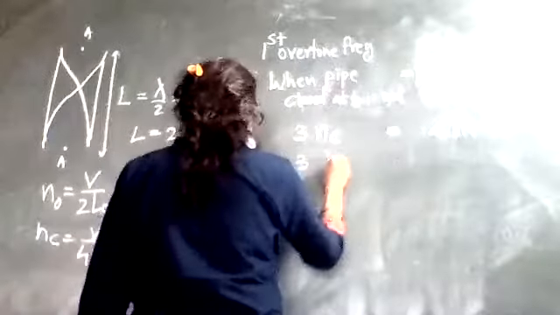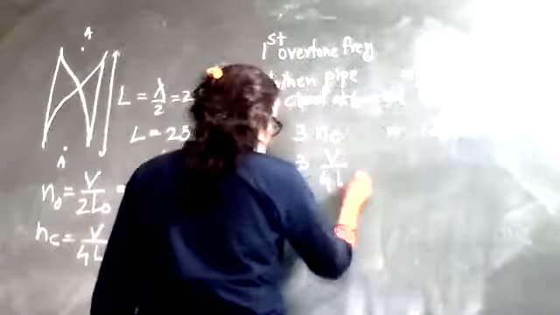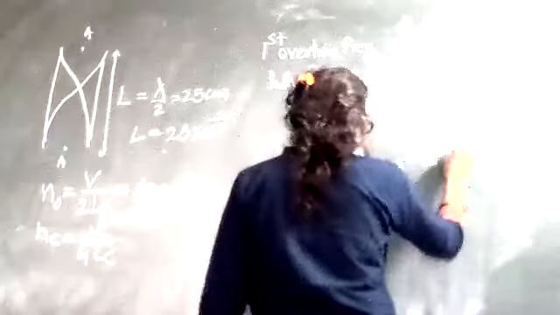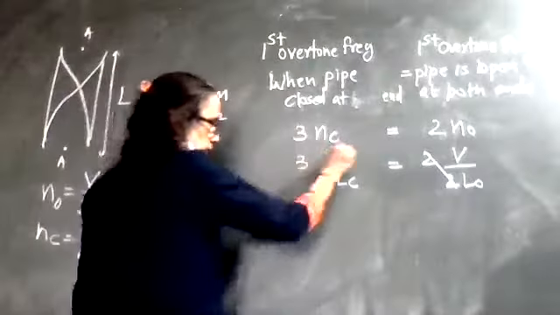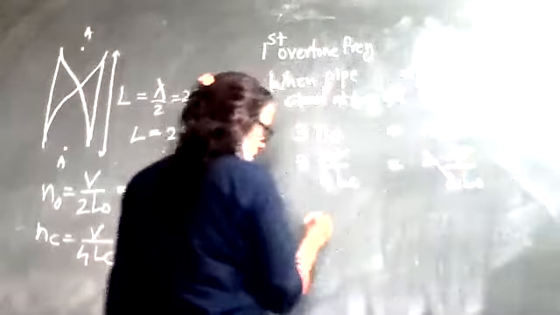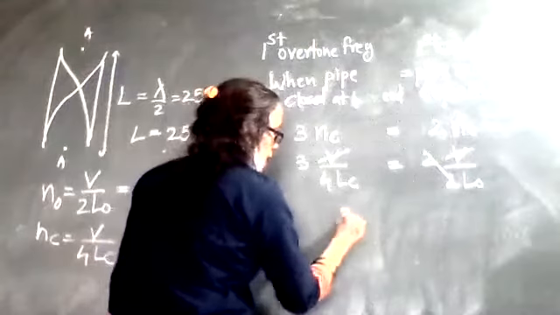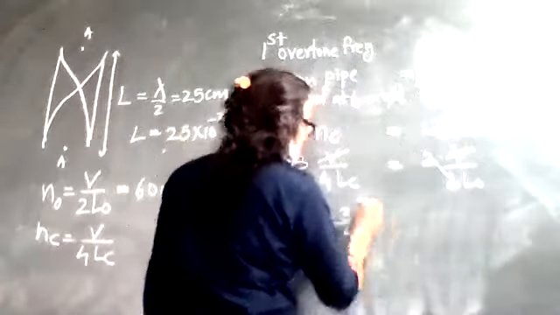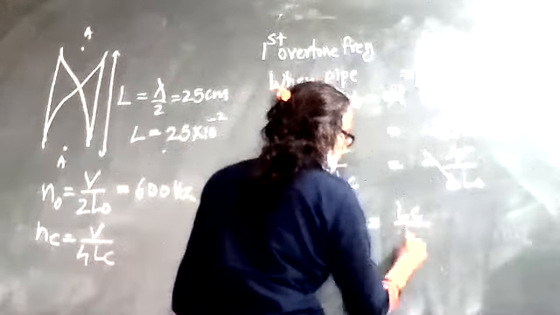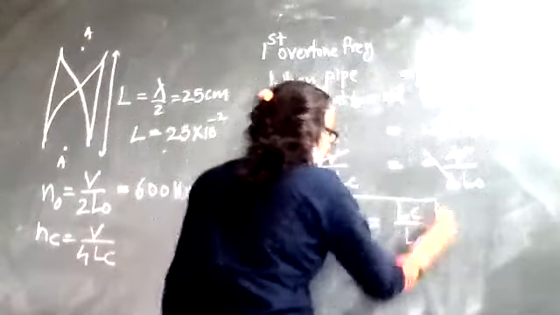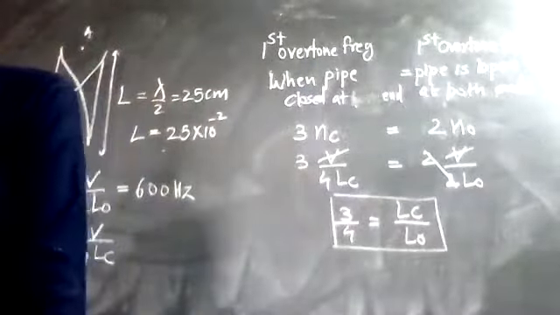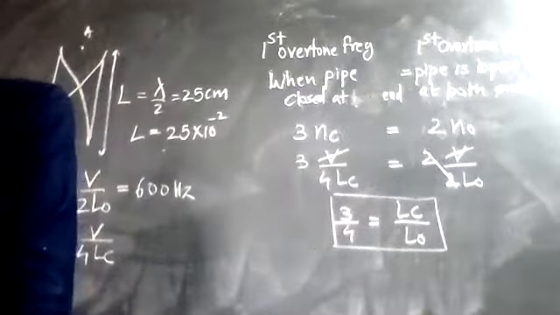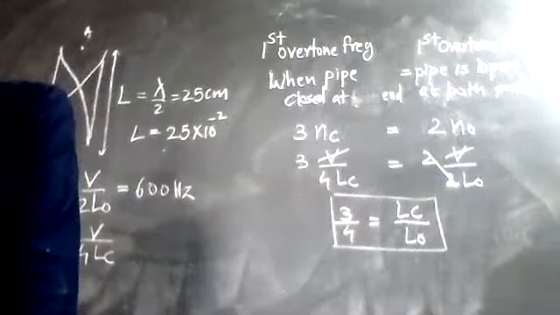So 3V by 4 LC is equal to 2V by 2 L0. So the 2 factor will get cancelled, and V will get cancelled. What I am getting here is 3 by 4 equal to LC by L0. I will get this relation between the closed pipe and the open pipe.